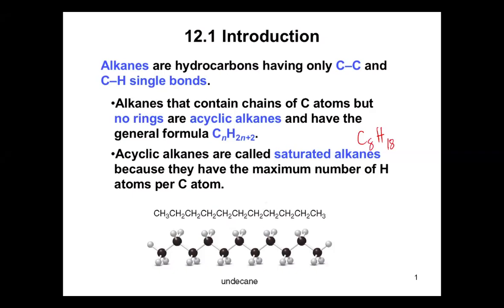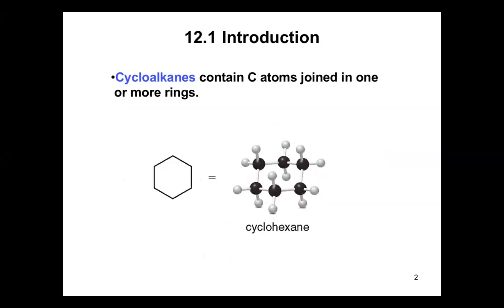Okay? And then, another type of alkane is cycloalkane. So when we say cycloalkanes, they contain carbon atoms joined in one or more rings. So ang example dito ay yung cyclohexane. So later malaman nyo bakit cyclohexane, bakit may cyclopentane yung tawag. Okay? And then, unlike yung general formula ng acyclic alkane, the general formula for cycloalkane would be CnH2n.